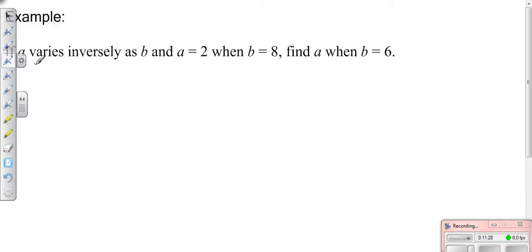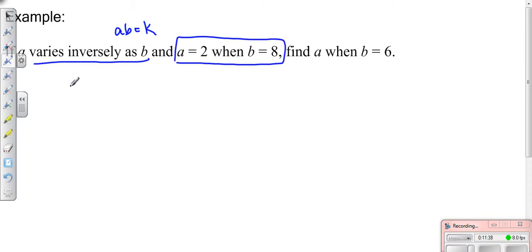So A varies inversely as B. So we'll start with that general pattern. Here's my given. So step 1, I need to find k. K is equal to 2 times 8. So k is 16.